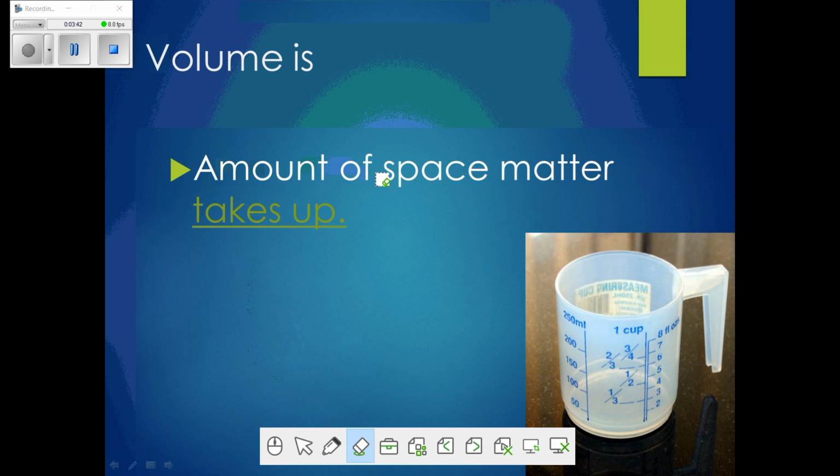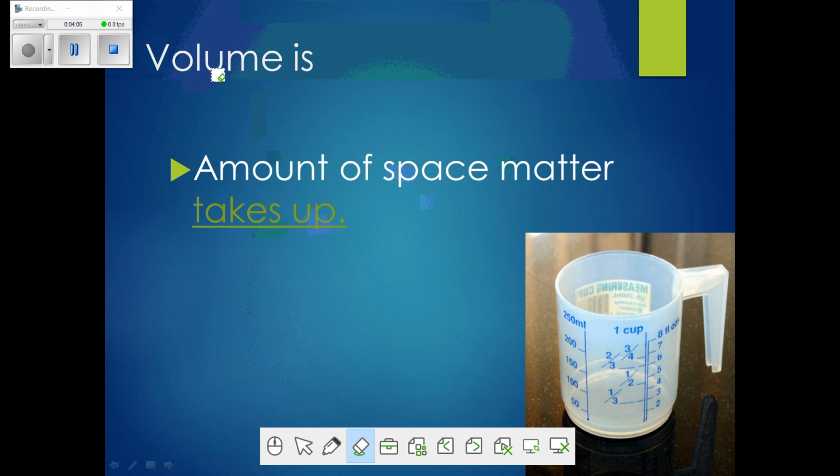Volume is the amount of space matter takes up. Now mirror off. Volume is the amount of space matter takes up. Do you repeat? Good job. We are in mirror on. Volume is the amount of space matter takes up.